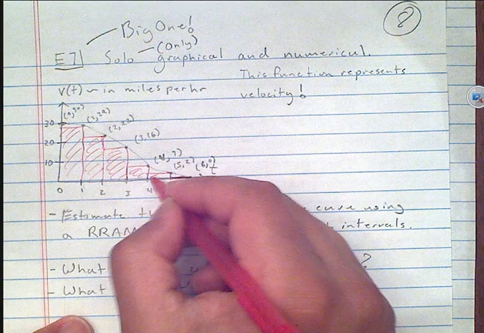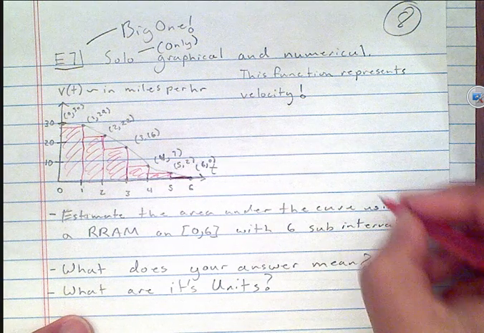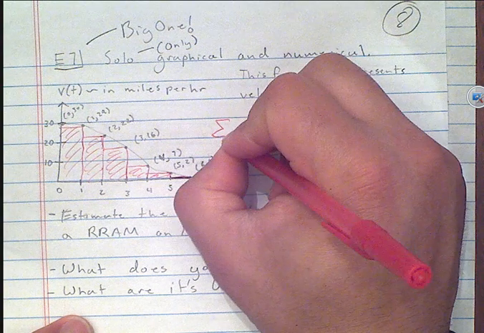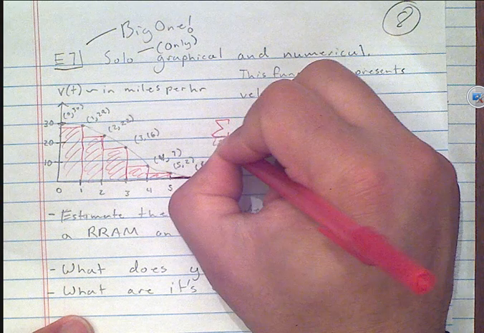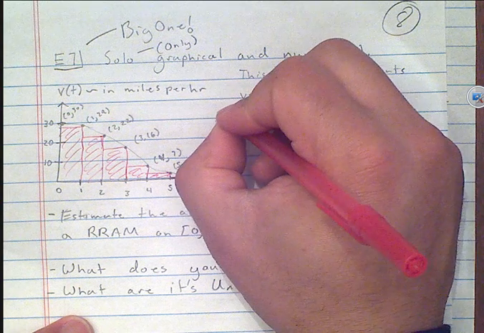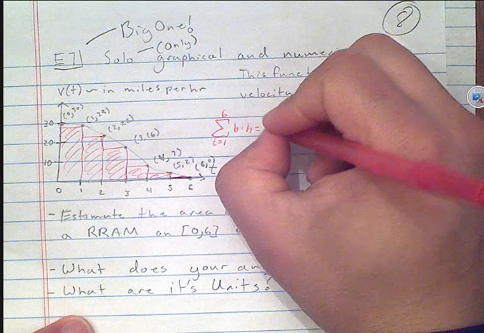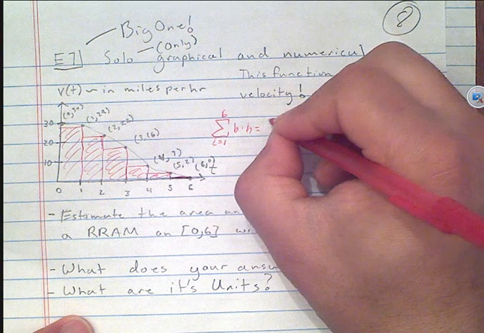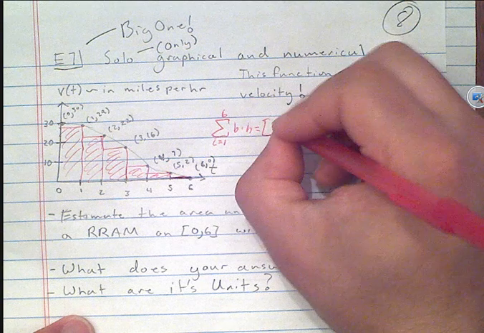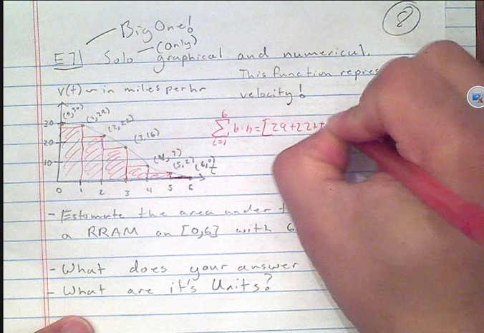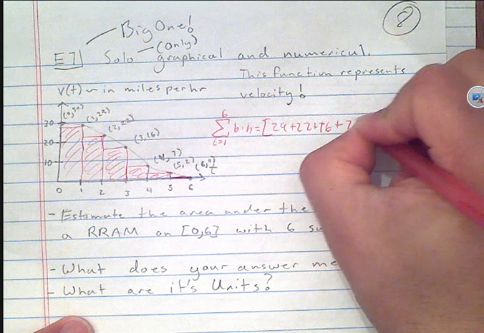All right, so we're finding the area under the curve. So let's write it fancily. We use our fancy notation. Sum from i equals 1 to 6, base times height. All the bases are 1, so I don't even need to write them. I can simply write the heights. 29 plus 22 plus 16 plus 7 plus 2 plus 0.